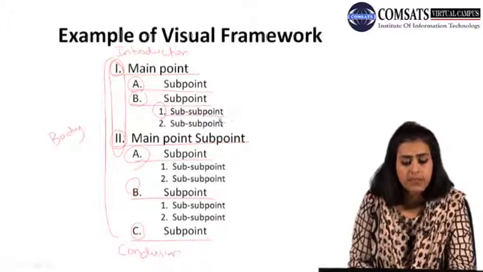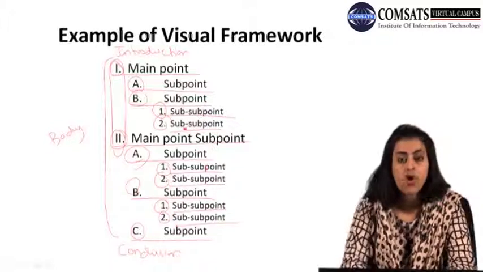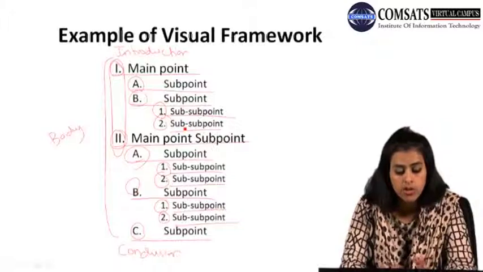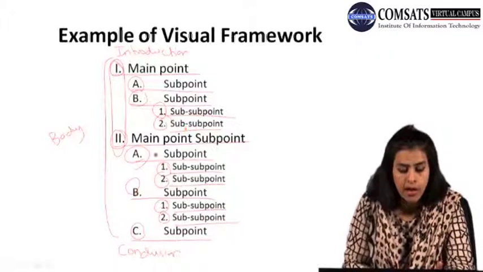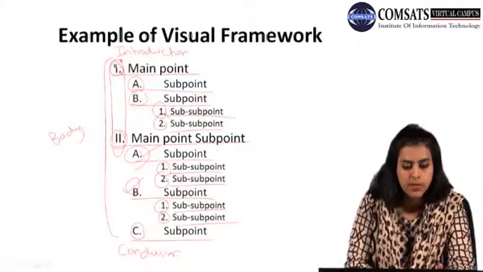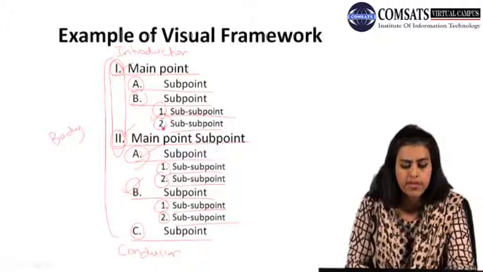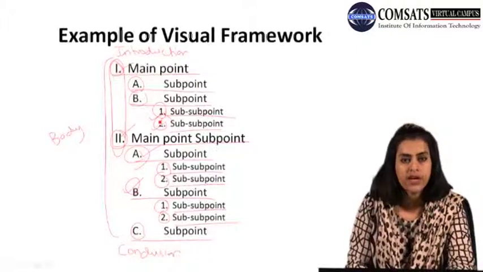Then each of your subpoints is written down with the numbers 1, 2. All of the subpoints are written in your ABC letters. Your main points are written in Roman numbers, and your sub-subpoints are written in numerals, that is 1 and 2.